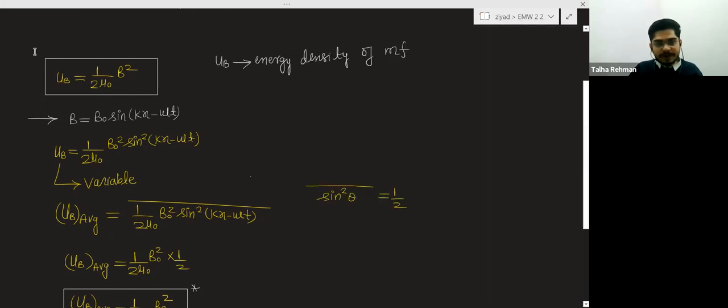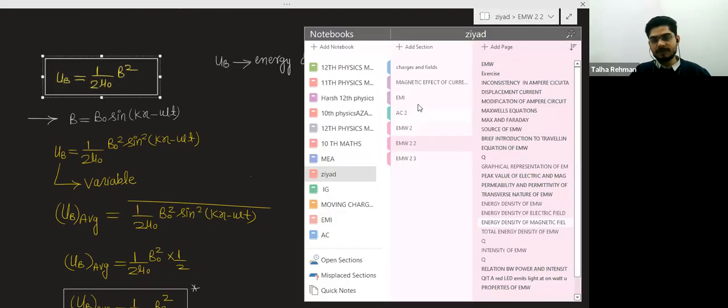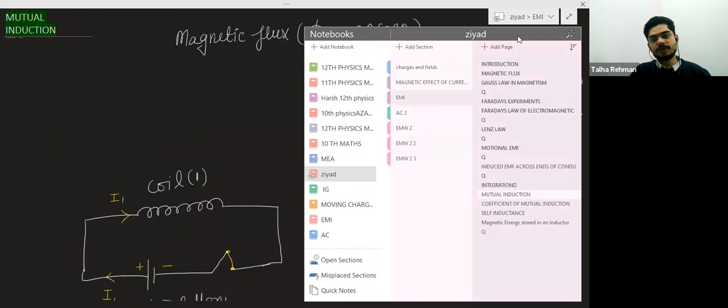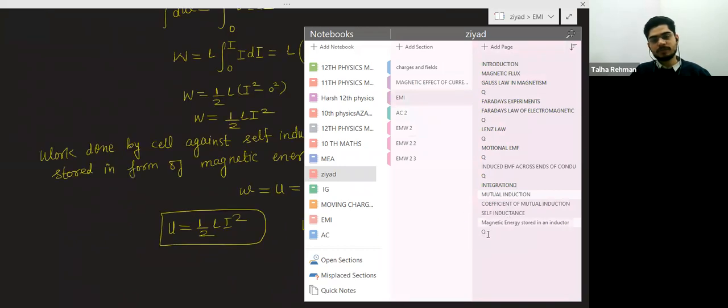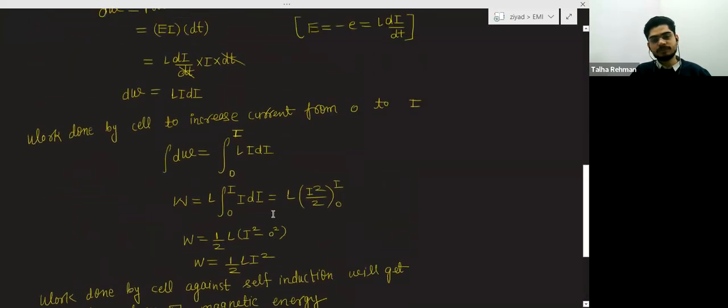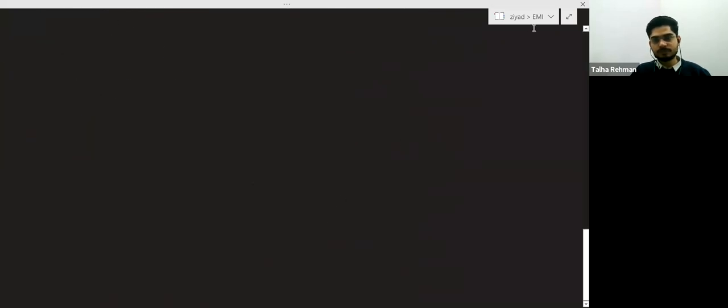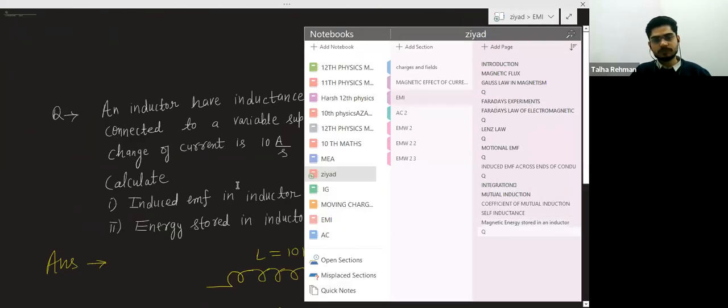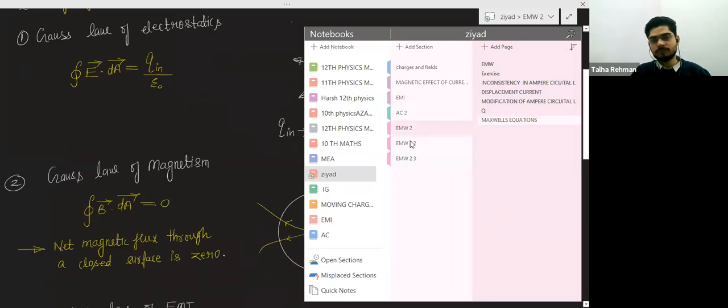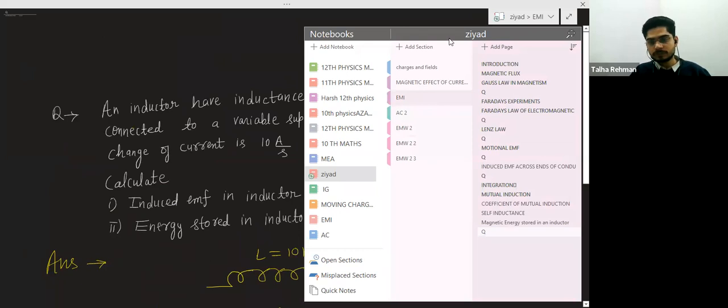Earlier I have already derived this equation. If you want to see, you can see it in the EMI chapter. Just a minute, I am showing.